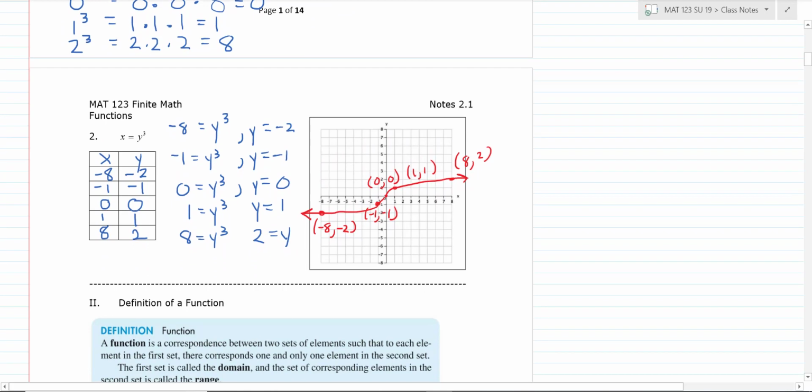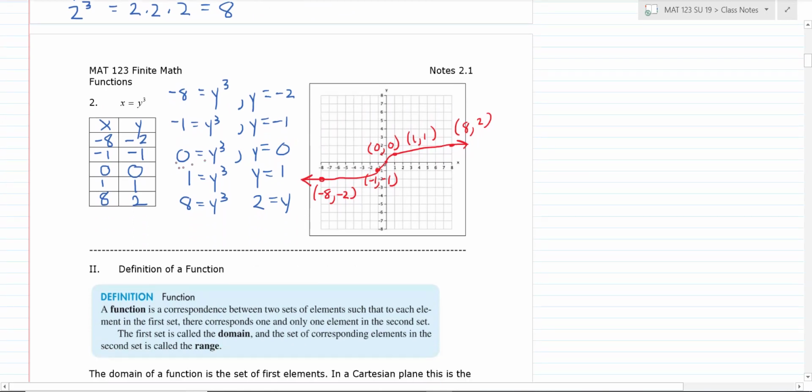Okay, this one looks kind of like it's sideways. It's a little different than the last one. So again, I told you all to use these numbers, and I'll explain why I knew to use these numbers in just a minute. So if you plugged in -8, you would end up having the equation -8 equals y to the third. Well, what you're thinking of is what number do you multiply out 3 times that would give you -8?